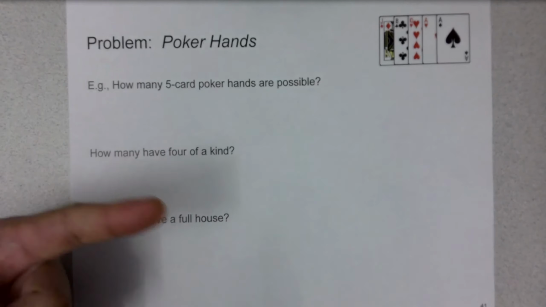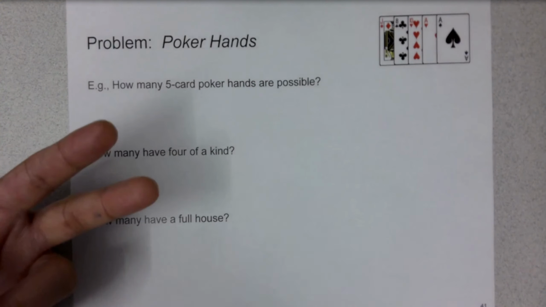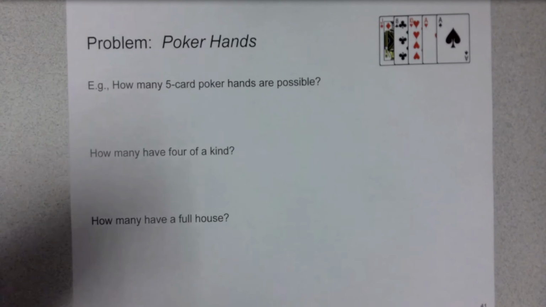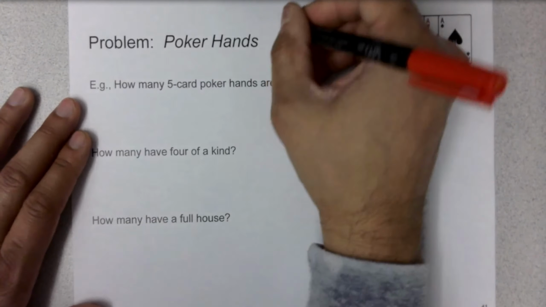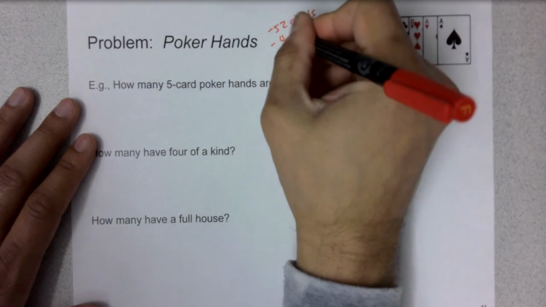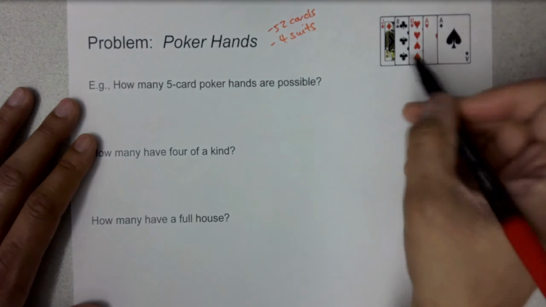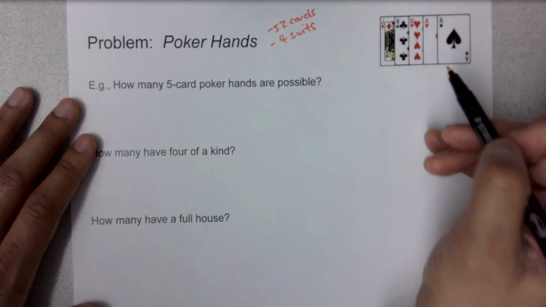Fair coins. Fair coins have two sides, 50-50. Dice are n-sided dice. I guess a coin is like a two-sided die. And then decks of cards. We're going to use these things for problems. In case you've never seen a deck of cards, there are 52 cards in a standard deck of playing cards. There are 4 suits: clubs, these little clover things, diamonds, hearts, and spades.